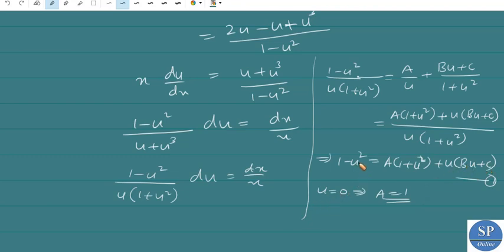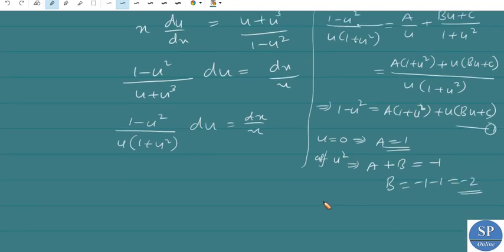Taking the coefficients of u square, the coefficient of u square on the left hand side is minus 1. On the right hand side it is a plus b. Since a equal to 1, b equal to minus 1 minus a, that is minus 2. So we got b equal to minus 2.